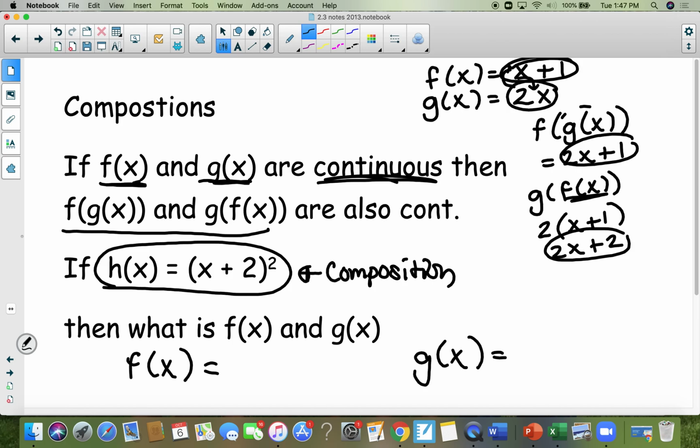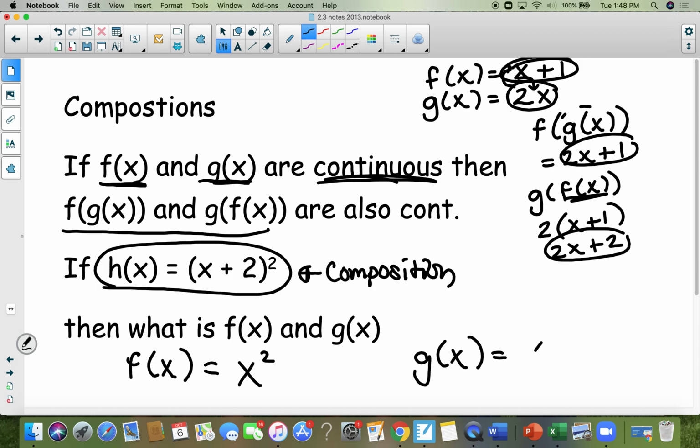So what's f of x? There's different ways you can answer it, but what could you let f of x equal? X squared? Yep, f of x is equal to x squared, so what's g of x have to equal for that to equal that?